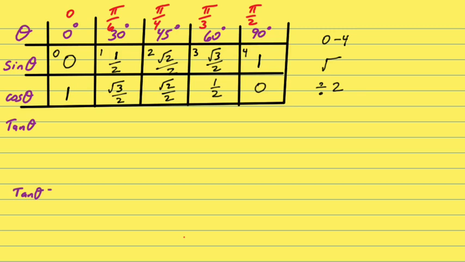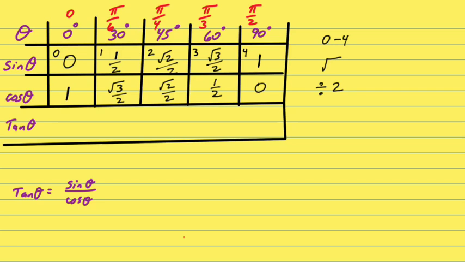And tangent is sine over cosine. So if we were to fill this in, let me take a minute here to make a table. Okay, what is 0 over 1? 0.